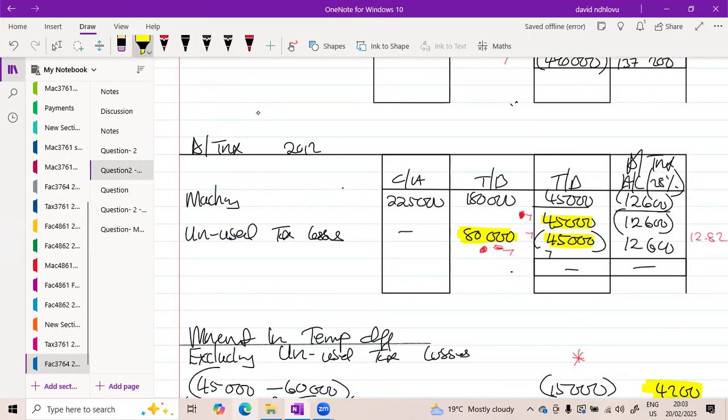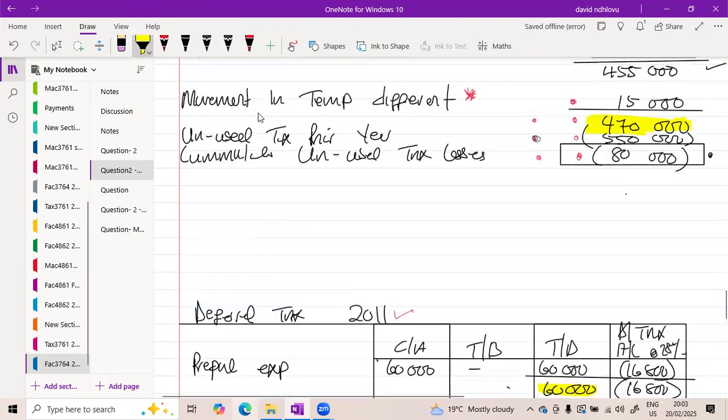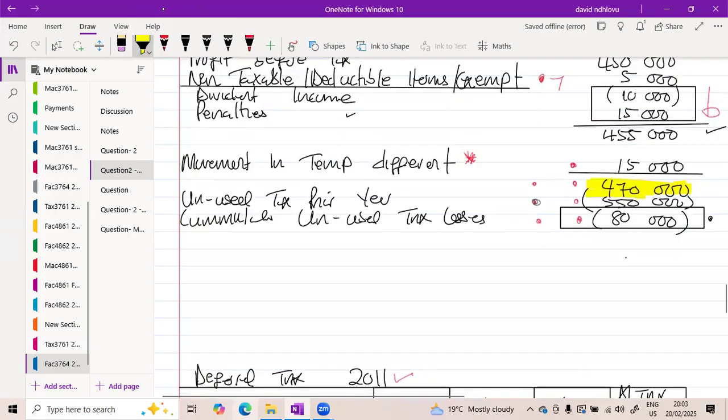So there is a difference there, right, of 35,000. So this is unused tax losses that we did not recognize for accounting purposes. Because for accounting purposes, look, we dealt with this amount, which is 470. If you say 470,000 multiplied by 28%, it's going to give you how much? Let's see. That is going to give you 131,600.